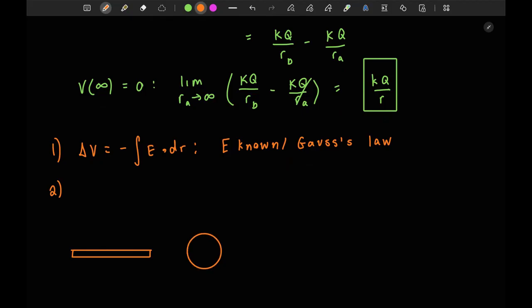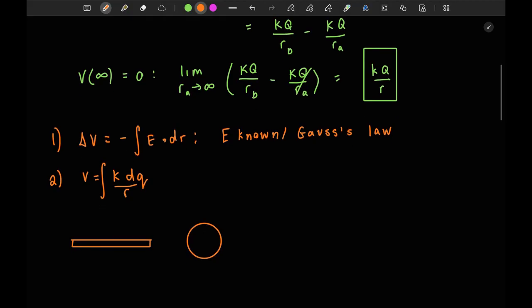We would need to find E via direct integration. This is where instead we will want to use V equals K dq over R and go ahead and integrate. So in the next two videos, I'll go through examples for each of the two cases, but we'll wrap up here with that theoretical overview.